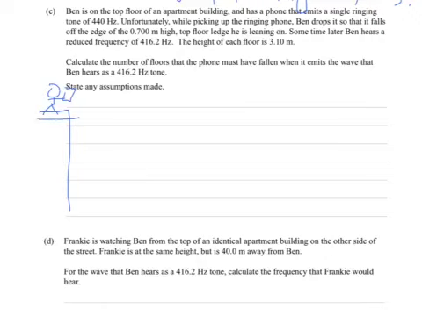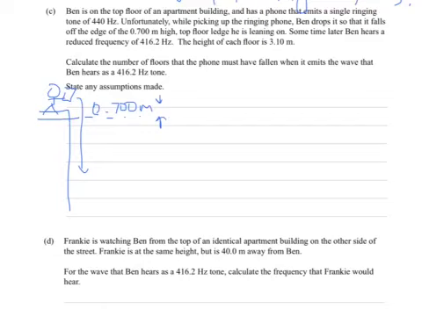So we've got a measurement here of 0.700, 3 significant figures, meters. Sometime later, so this is dropping down here, and that's just that height that we're dealing with there. Sometime later, he hears a reduced frequency of 416.2 Hertz.